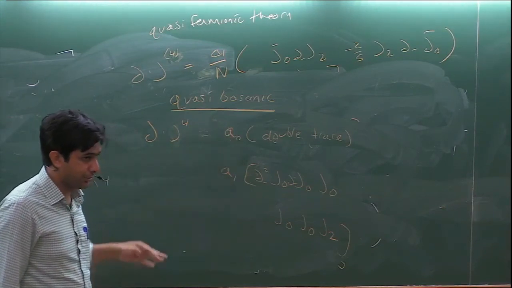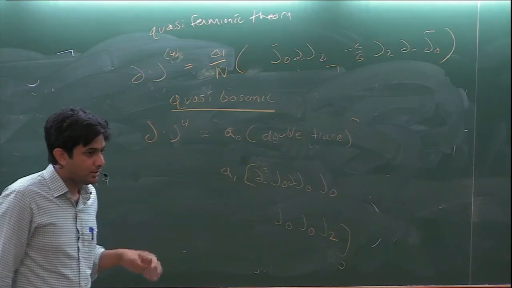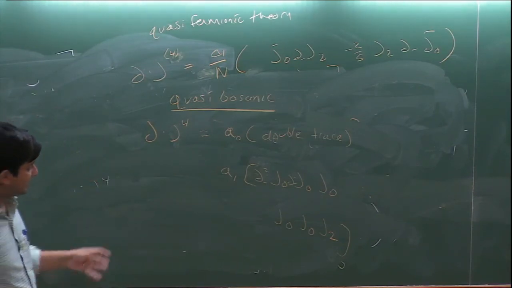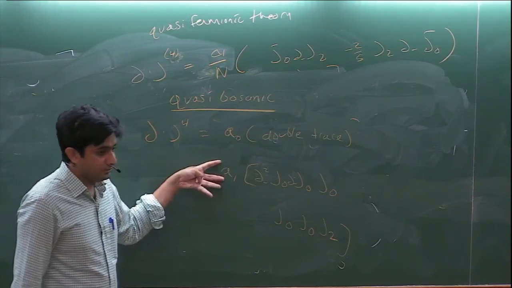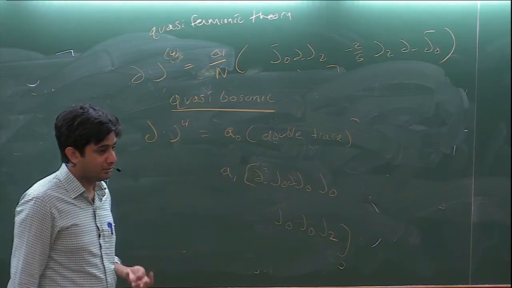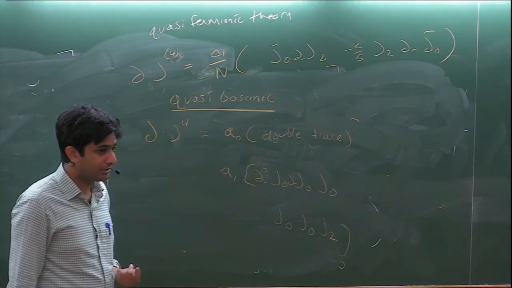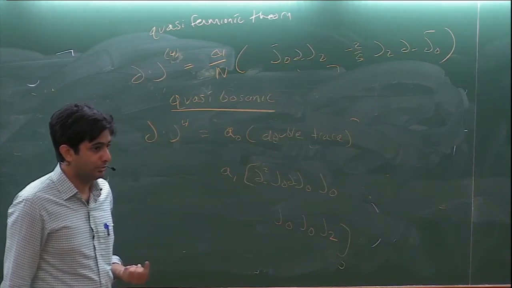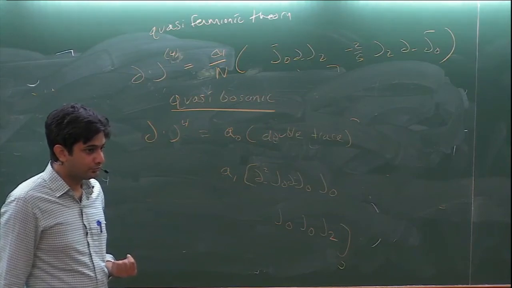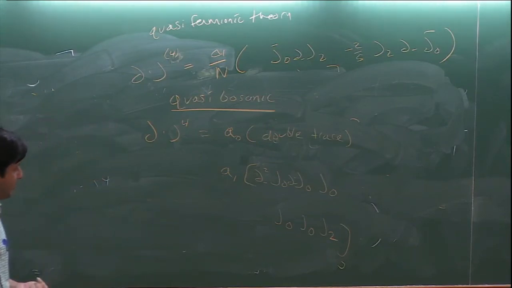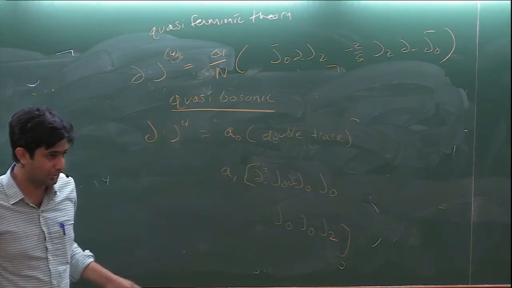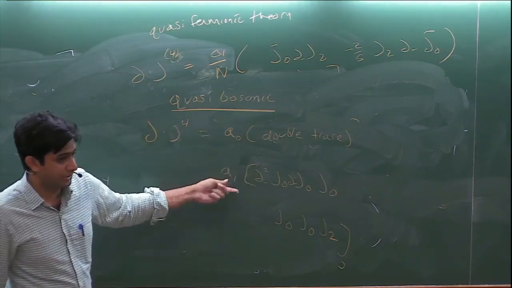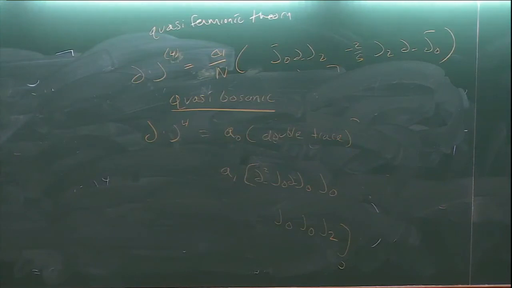A0 again corresponds to the Chern Simons coupling n by k, whereas A1 gives you the classically marginal phi to the 6th coupling, which arises in the bosonic theory. Okay, so in the quasi bosonic theory, you can also count the total number of parameters, and you find the extra triple trace coupling gives rise to a new parameter.